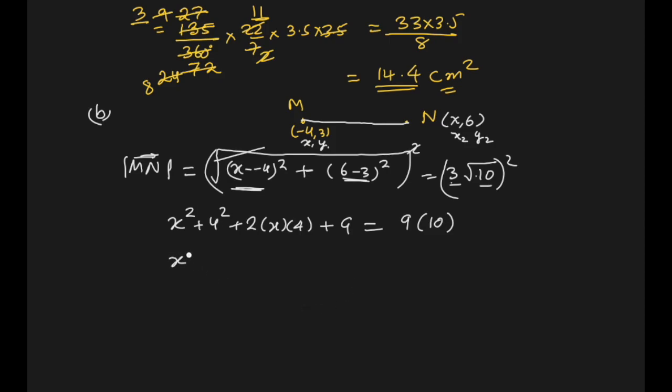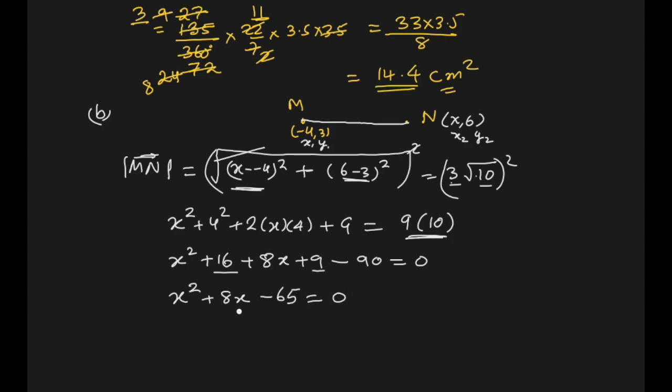So what are we left with here? x square plus 16 plus 8x plus 9, and let's bring that 90 also to the right side. 9 times 10 is 90. x square plus 8x. 16 plus 9 is 25 minus 90 will be minus 65. Now we have to find the values of x, just a quadratic equation.